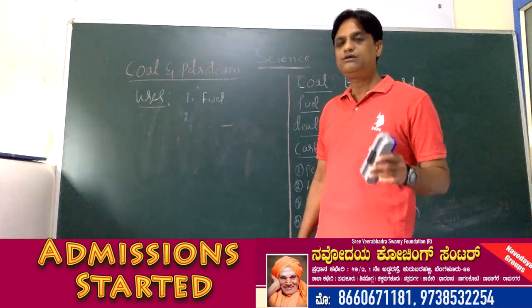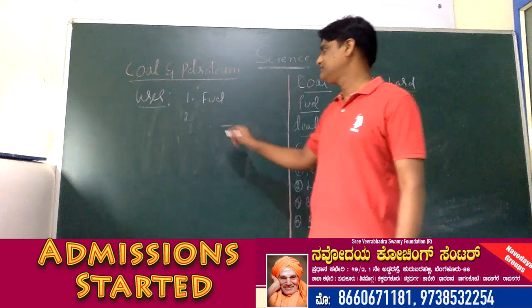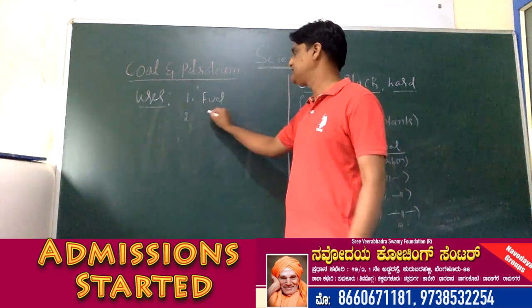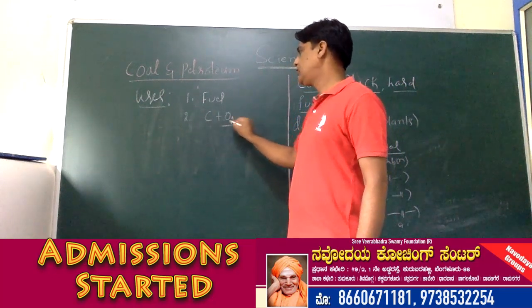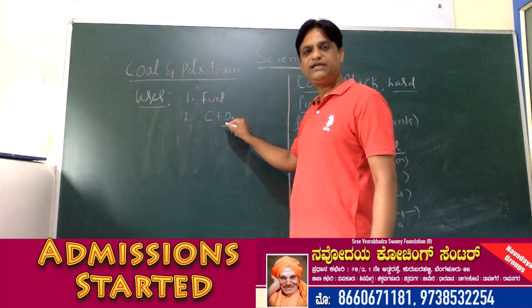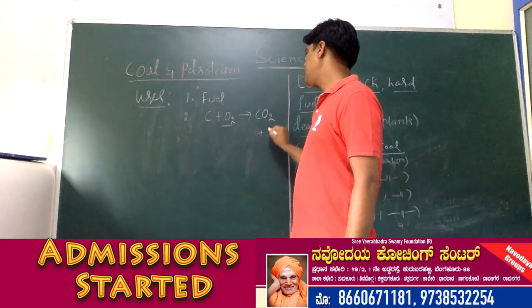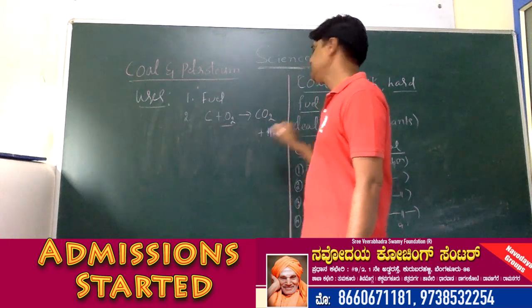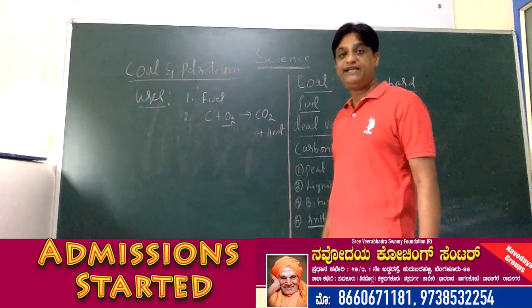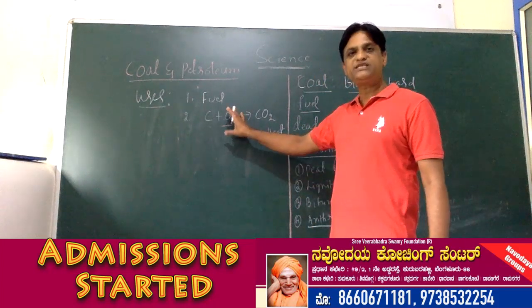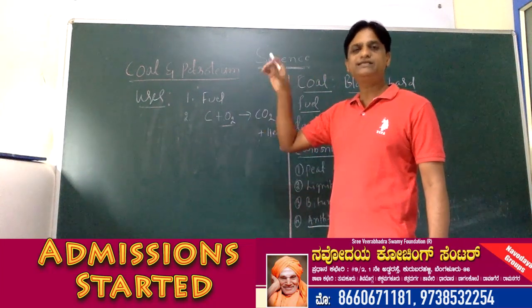Similarly, another important use of coal. See, when coal is burnt in air, a chemical reaction takes place. Coal is carbon. When it is burnt in air, it combines with oxygen and forms carbon dioxide, and it produces energy in the form of heat. Suppose, in the absence of air, coal is heated.